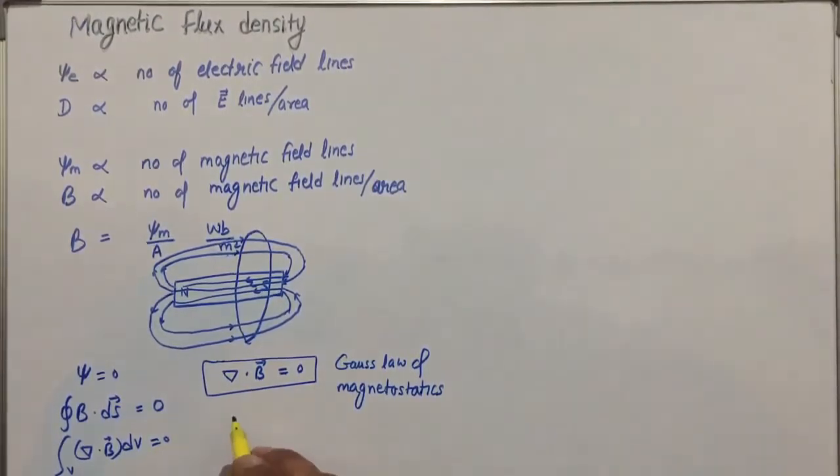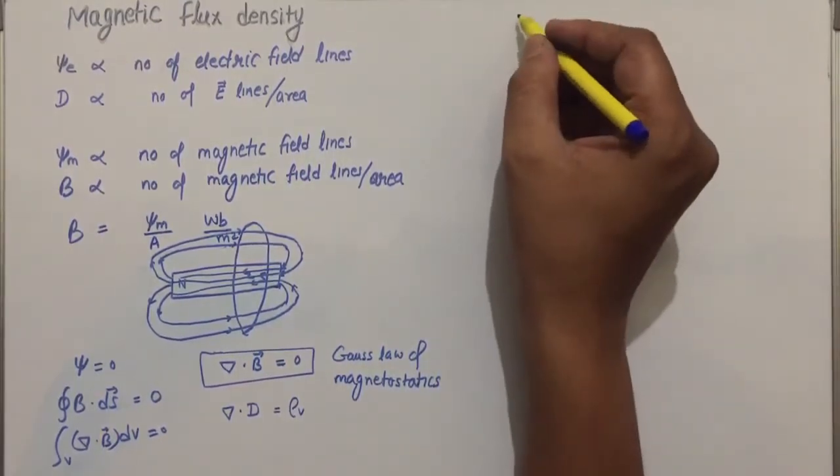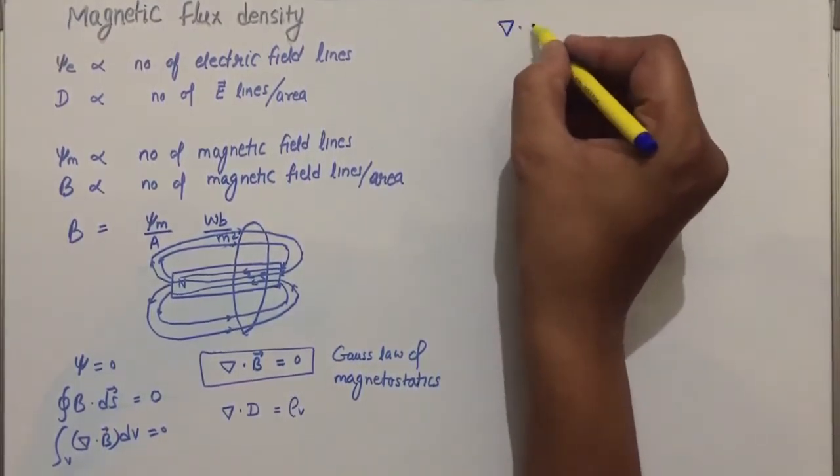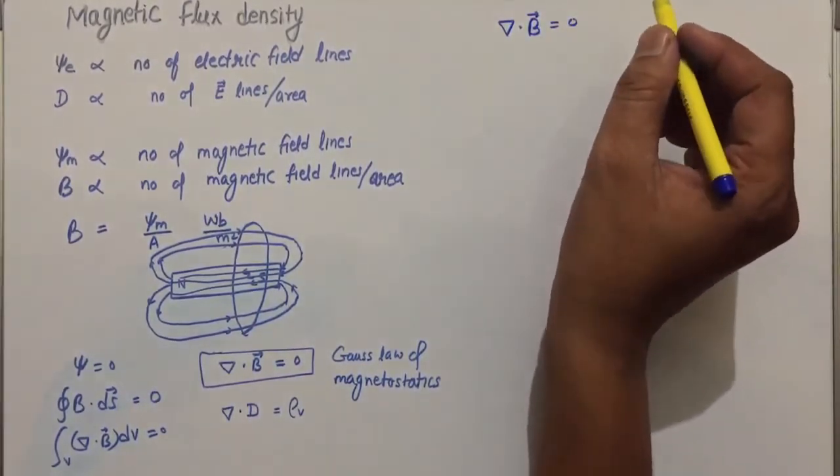And if we recall, in case of electrostatics, the divergence of D was equal to rho v. That is the differential form of Gauss law, and this is the integral form of Gauss law of magnetostatics. So from here we have del dot magnetic flux density equal to 0.